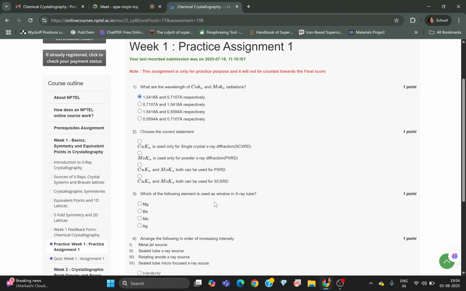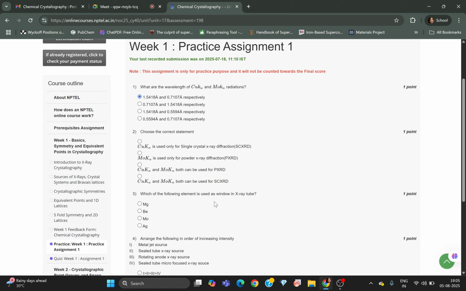In single crystal XRD, the X-ray has to penetrate and go through the single crystal so that you can get the inner crystal structure. That's why a strong energy is needed. So for molybdenum we use single crystal XRD, and copper we use mostly for powder XRD. Also, copper provides good resolution.